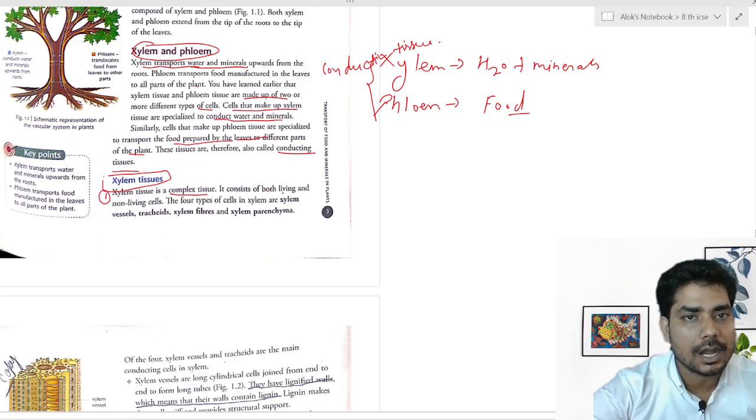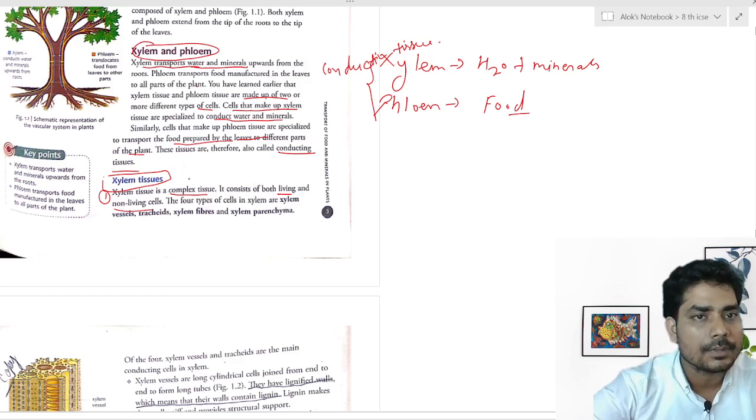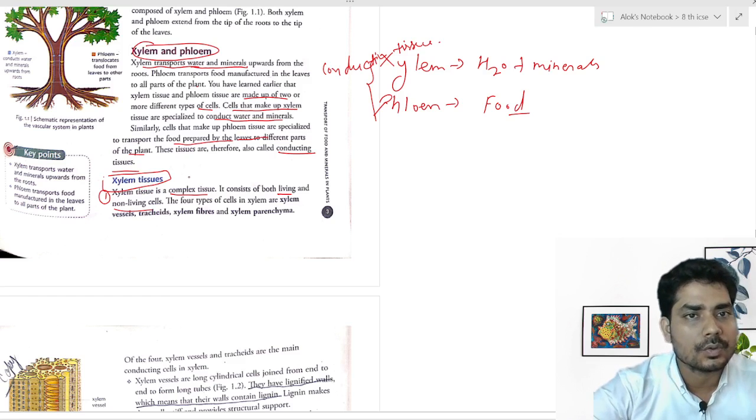The first point is that xylem tissue is a complex tissue, also known as conductive tissue, vascular tissue. The second point is that it consists of living and non-living cells, but it is mostly made up of non-living cells.